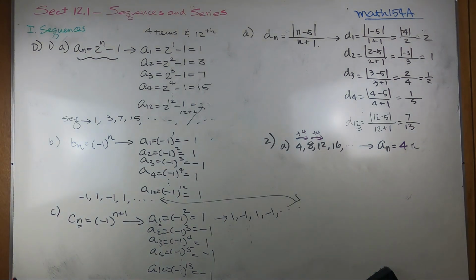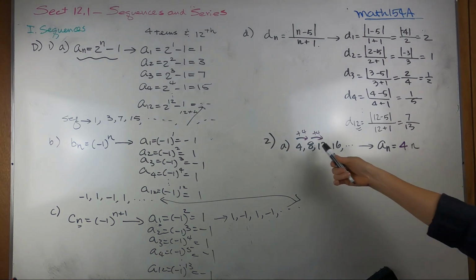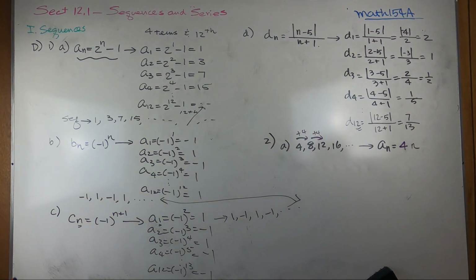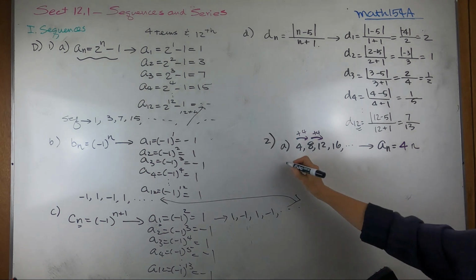Times 3 is 12. So if each time is 4 more, then your pattern will be just 4n. Okay? Because each time n increases by 1, you increase by 4, actually, for the numbers, right?